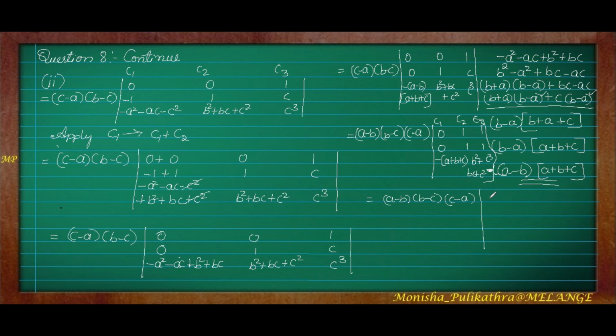Whatever we obtained here, that is 0, 0, minus of A plus B plus C, this is the first column, and 1, 1, B square plus BC plus C square is the second column, and 1, 1, C cube is the third column. Now we need to prove only these things.